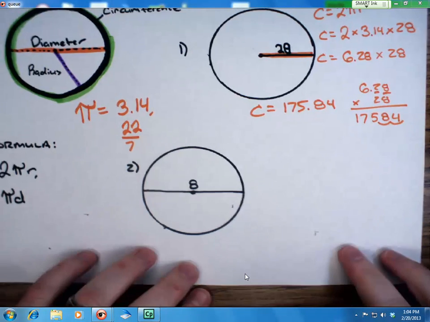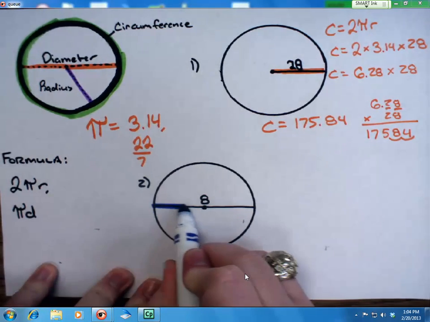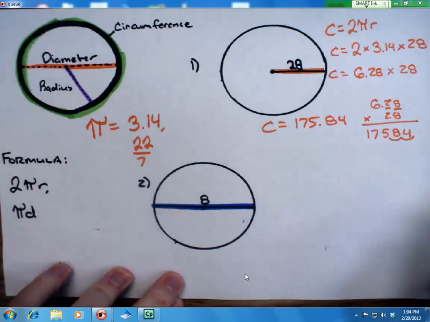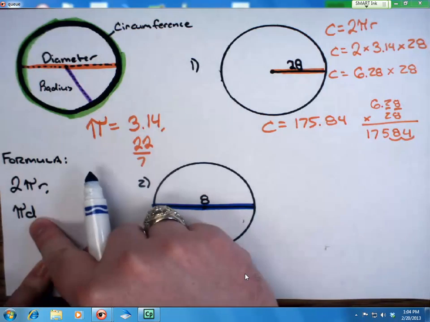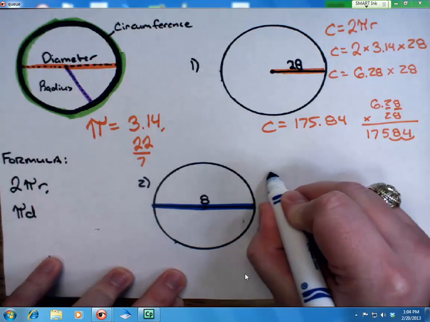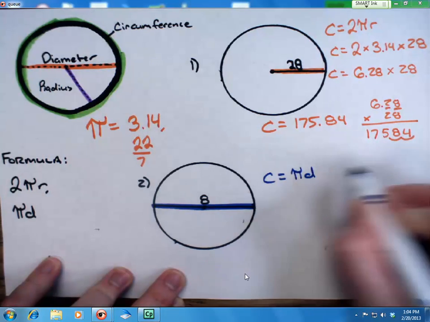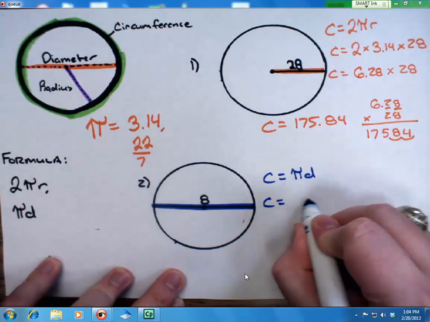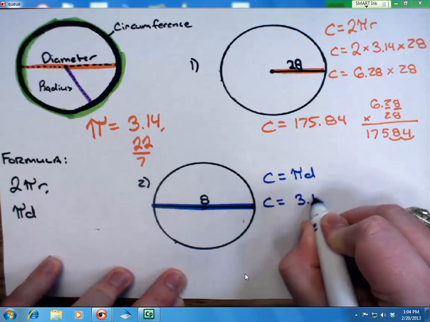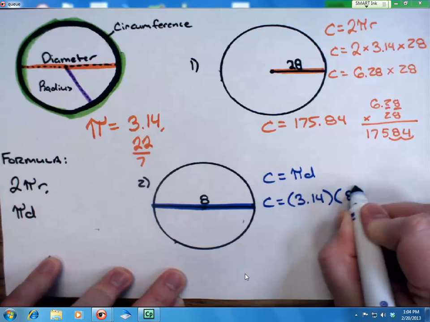Number 2 is a little bit different because, well, what do we call this line right here? Yeah, that's our diameter. And since we have our diameter, I'm going to use the formula that has the diameter in it instead of the radius. So I'm going to have circumference equals pi times the diameter. Again, I'll just substitute values in for that. So I'll have 3.14 times 8.